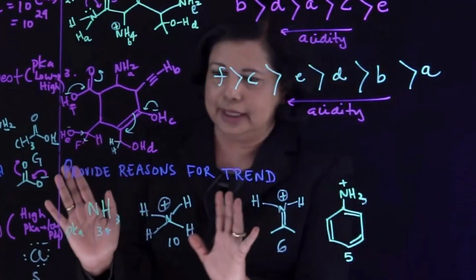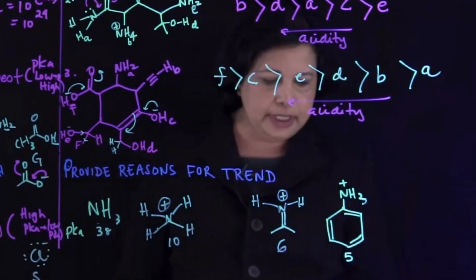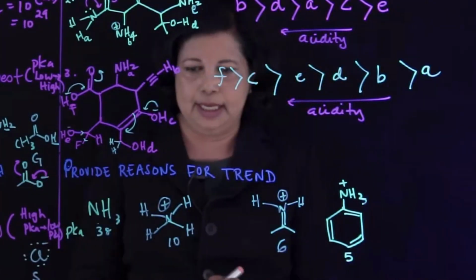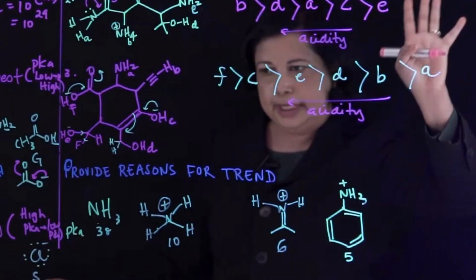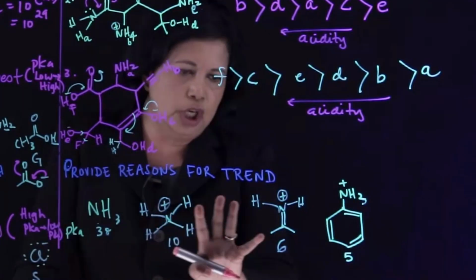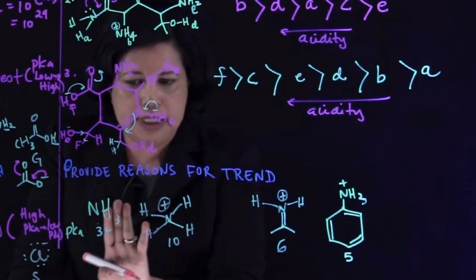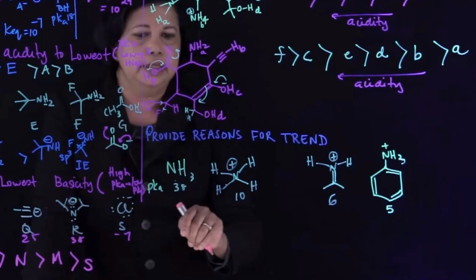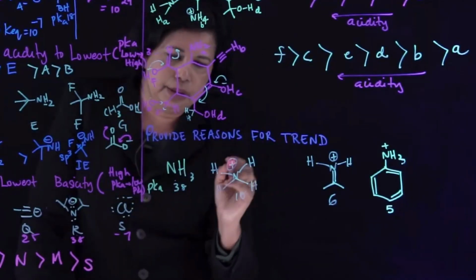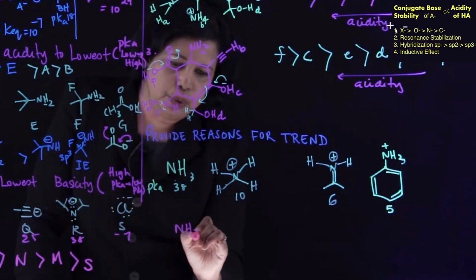So let's look at the last one. They're already giving you the pKa and they're asking you to provide reasons for the pKa trend. Same deal as before. These are charged. This is neutral. So charge wants to get rid of that hydrogen to become neutral. So these are more acidic than neutral. If you take this NH, you're taking off that proton. So that is comparing NH2 minus.